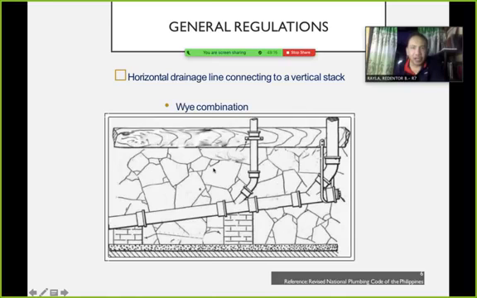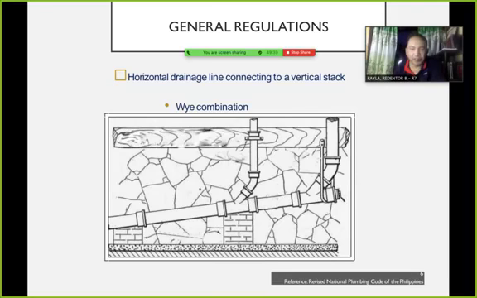So we go to another regulation. This is the horizontal drainage line connecting to a vertical stack. In every building drainage, always remember that there's only a vertical stack and a horizontal drainage connecting.